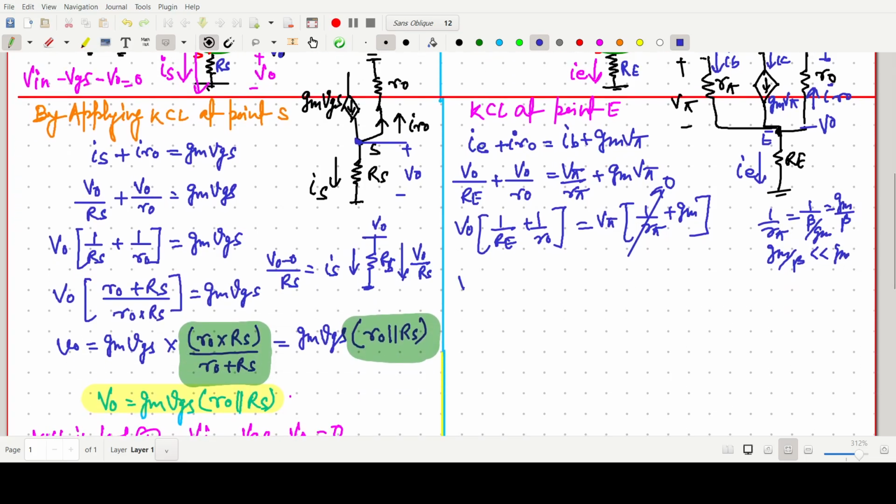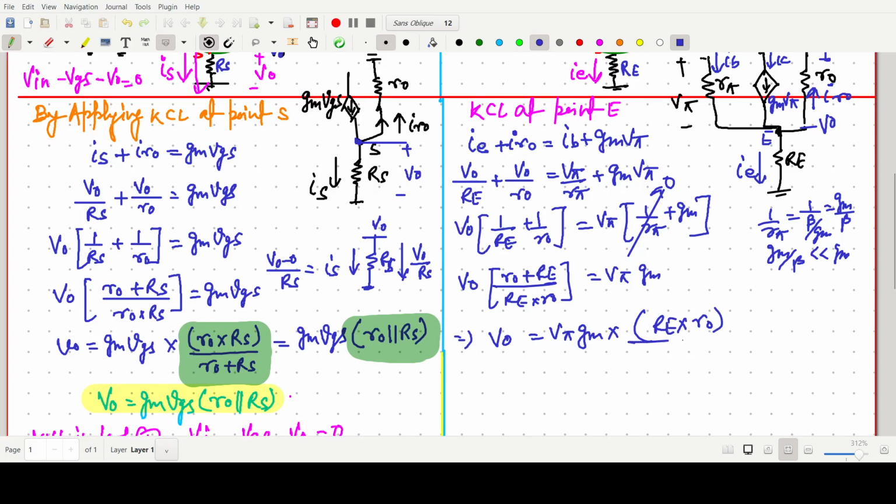Okay, so this one can be written as V naught times (R naught plus RE) into V pi gm. So V naught equals V pi gm times RE into R naught divided by RE plus R naught, which we can write as V pi gm, RE parallel with R naught.